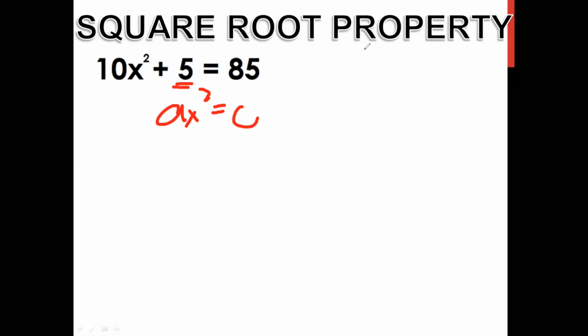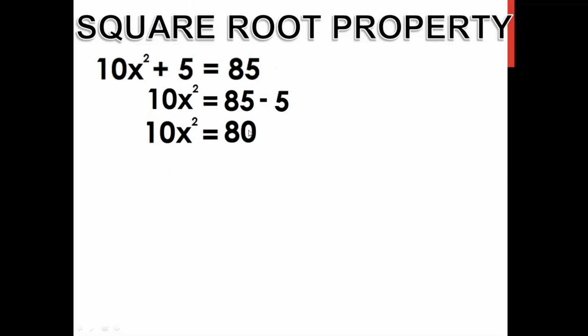In short, on our left side, we only have our 10x squared. In order to do that, we need to transpose the 5 to the right side. So 10x squared is equal to 85 minus 5.